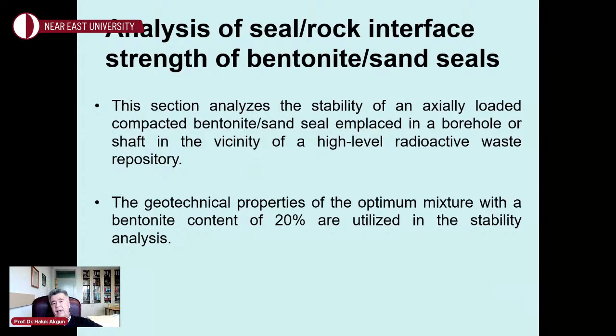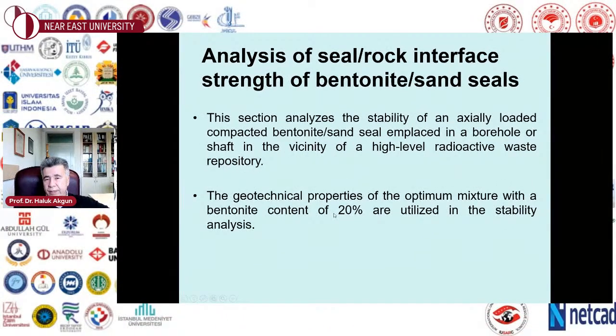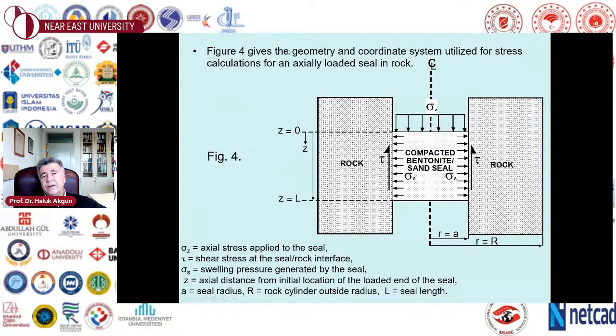Then we did an analysis of the seal rock interface strength of bentonite sand seals. What we did is we selected the 20% mixture, and this is the geometry and coordinate system utilized for stress calculations for an axially loaded seal in rock.